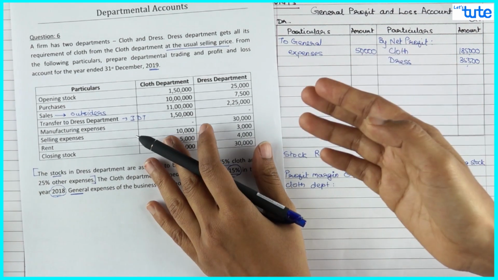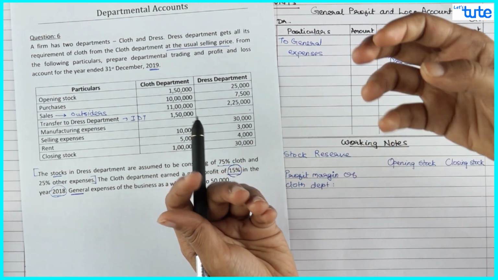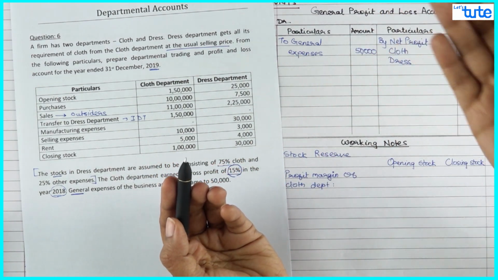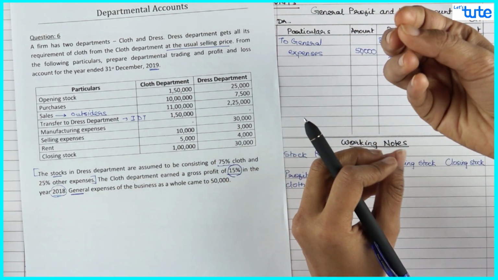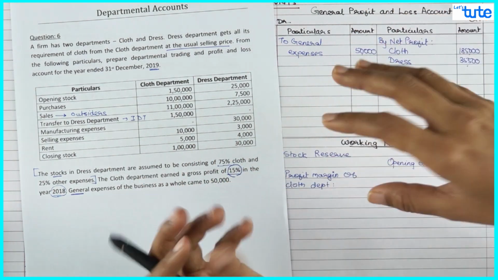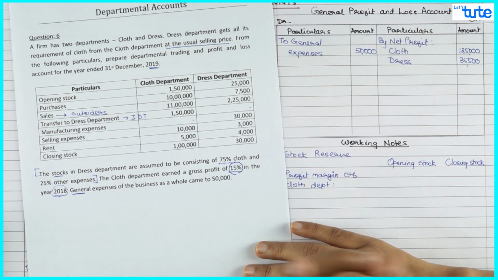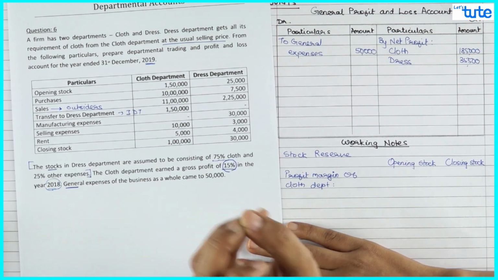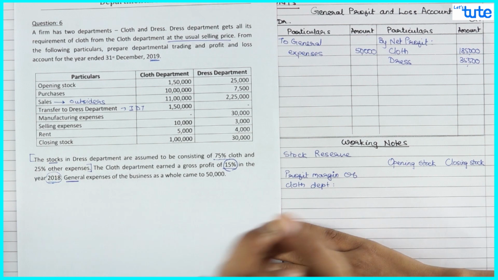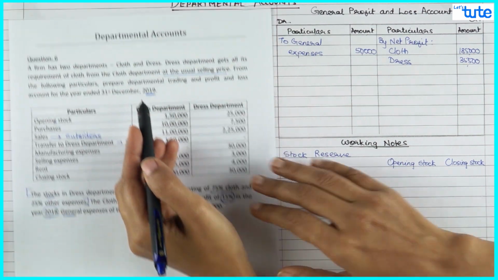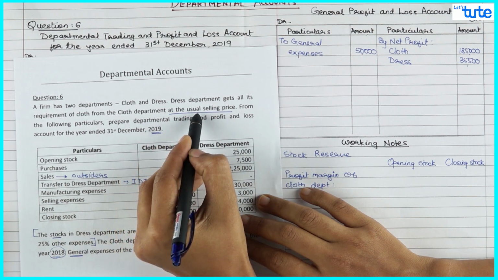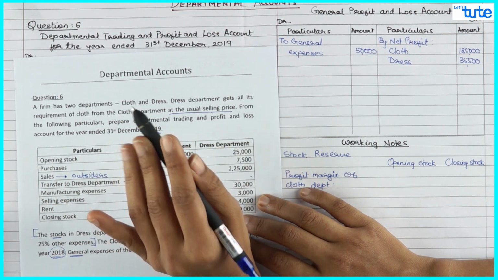Like in the previous question of manager's commission, it was given that goods are transferred from A to B at 25% on cost, or B to C at 20% on invoice price, and so on. So there the rate of profit was given easily in the question. But over here, they have specified goods are transferred at usual selling price.